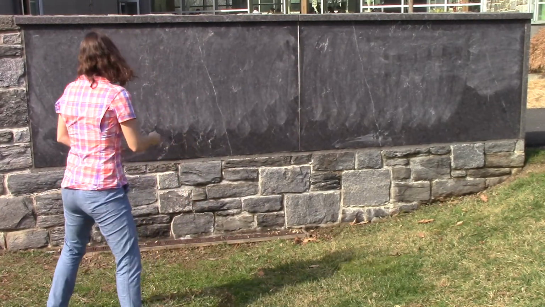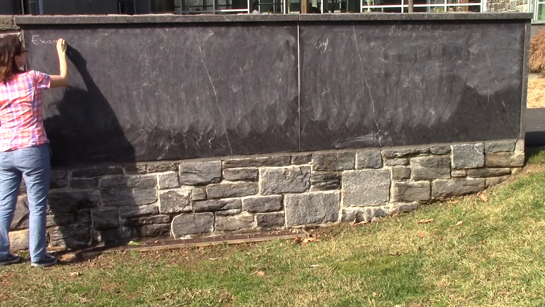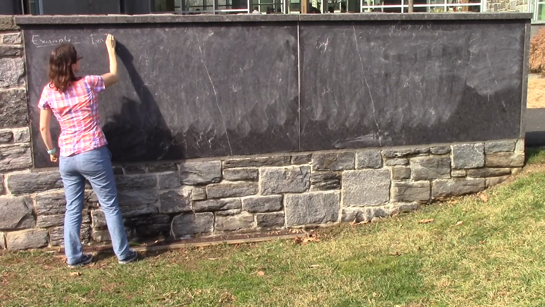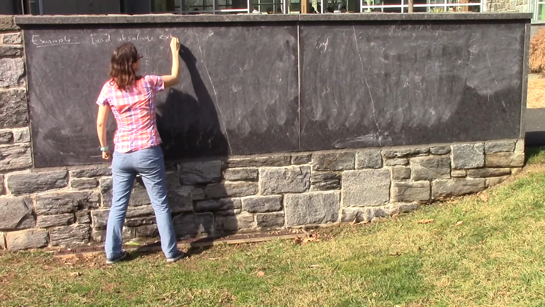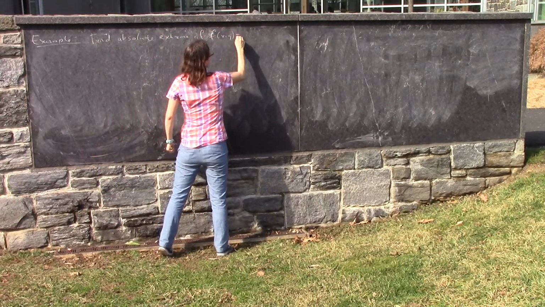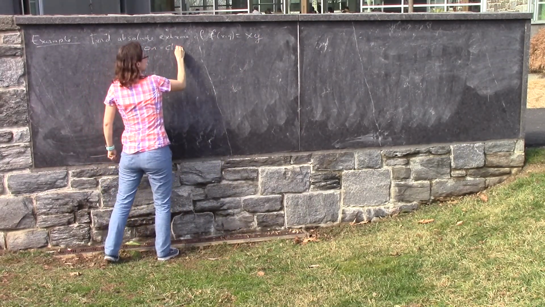Okay. So just as a review from last time, let's do an example. Let's find the absolute extrema, or the maxes and mins, that's another way of saying the same thing, of the function f of x,y equals x times y on the closed unit disk.